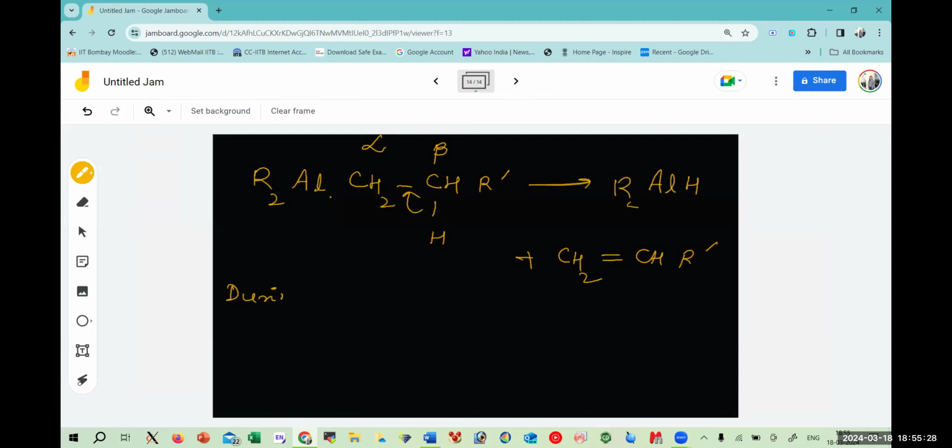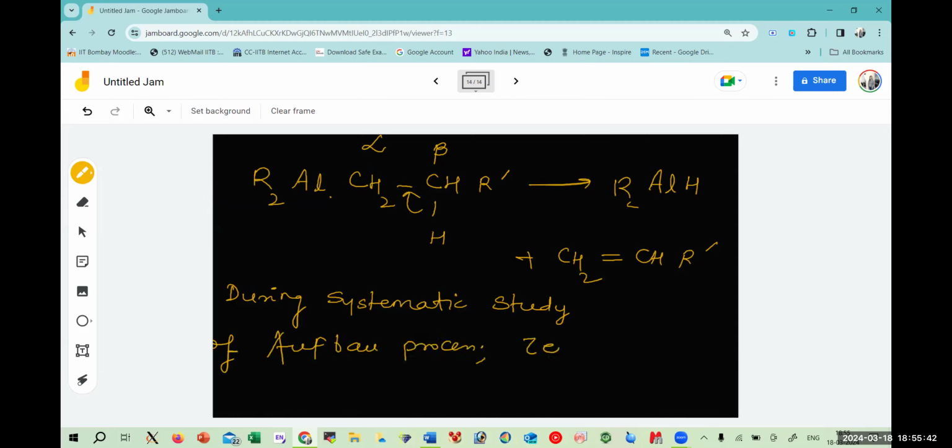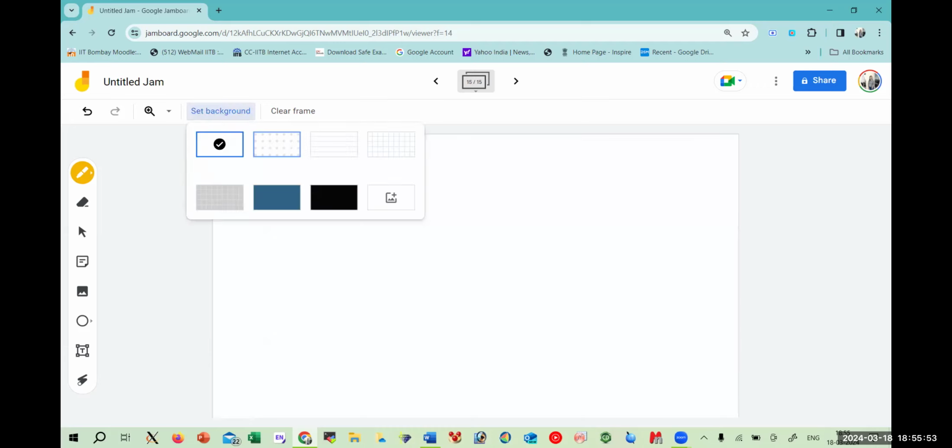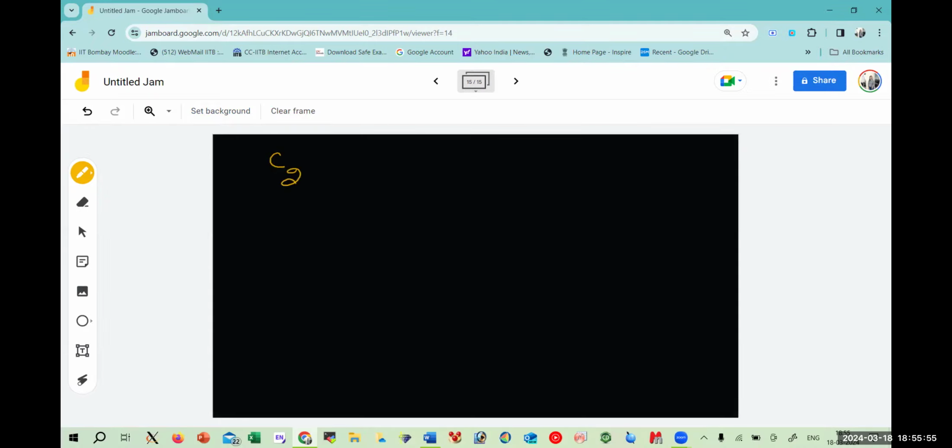During the systematic study of the Aufbau process, Ziegler observed a reverse or opposing effect, that is, from C2H4 ethylene, it was converting to 1-butene.